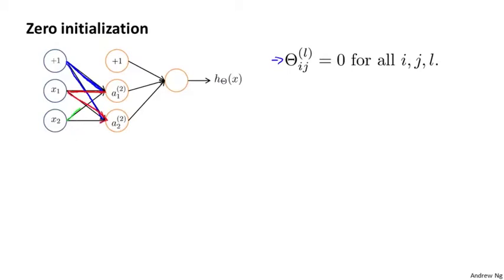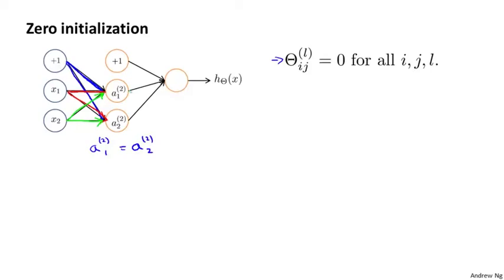And also this weight, which I'm coloring in green, is going to equal the value of that weight. What that means is that both of your hidden units, a1 and a2, are going to be computing the same function of your inputs, and thus for every one of your training examples, you end up with a1(2) equals a2(2).